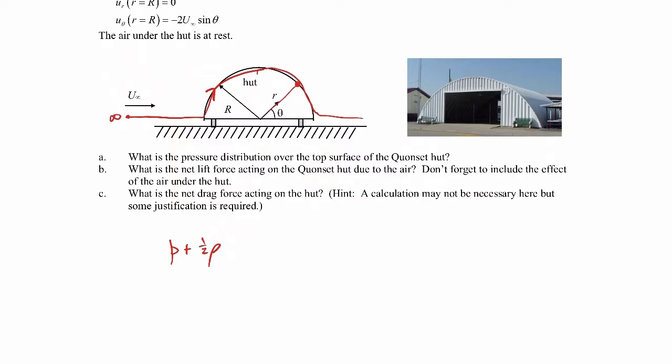And when we write this down, I'm going to neglect any elevation changes. Because we're dealing with air, the elevation changes won't really contribute much in Bernoulli's equation. So we're going to neglect that. And I'm going to apply Bernoulli's equation from that point far upstream to the point on the hut surface. So I'll just call it surface.